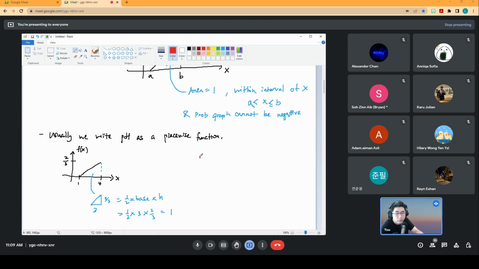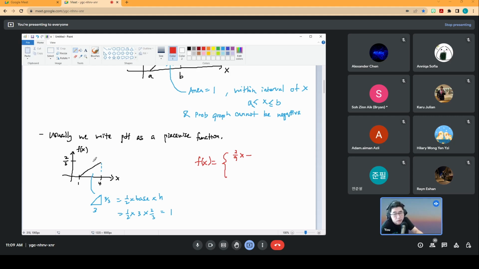When we write our function as a piecewise function, we write it this way. The function of x will be 2/9 x minus what value?